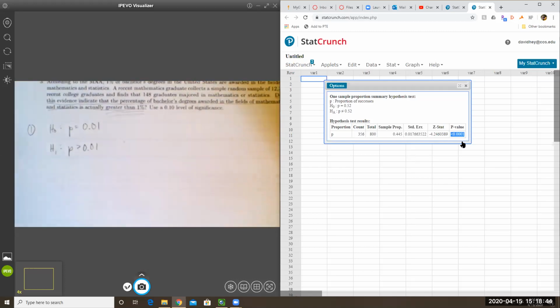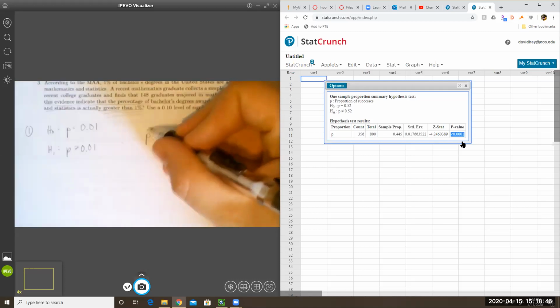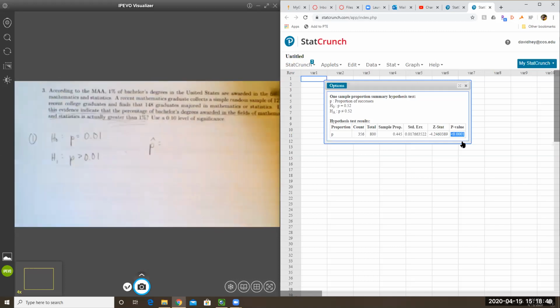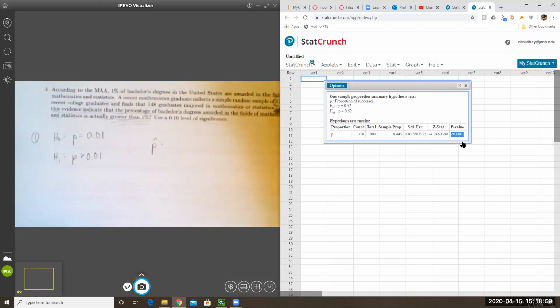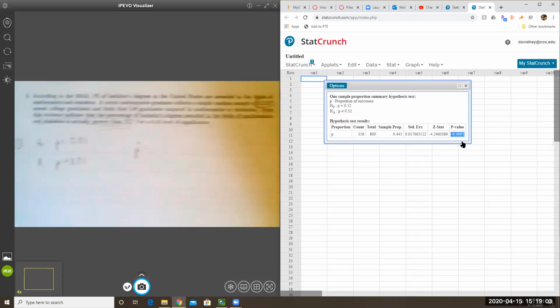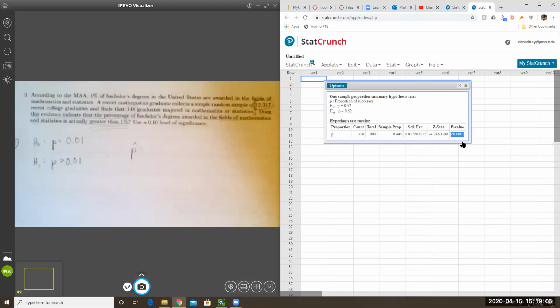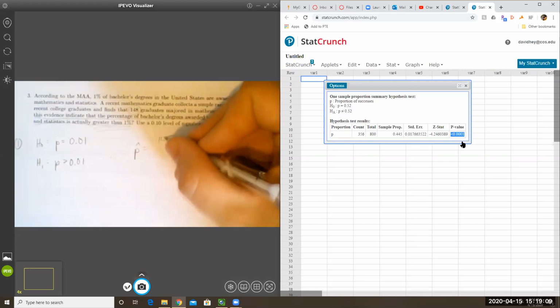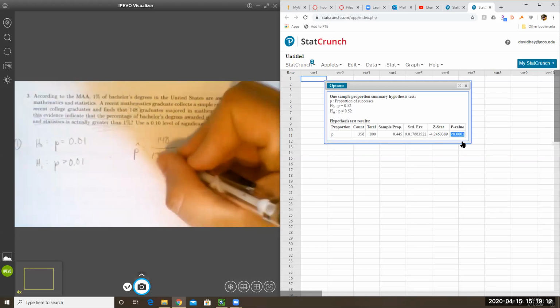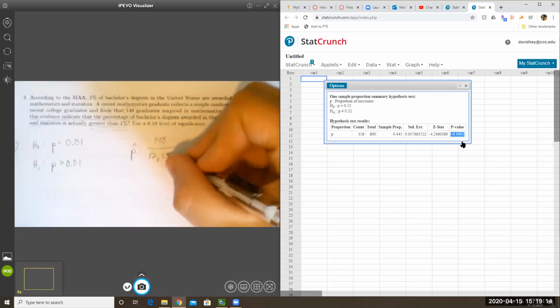What sample evidence does she have? Well, she went out and sampled over 12,000 people. And out of the people that she sampled, 148 of them had a math or statistics degree. So her p hat value was 148 out of 12,317.